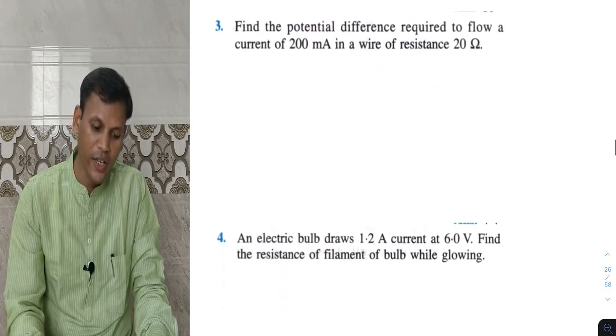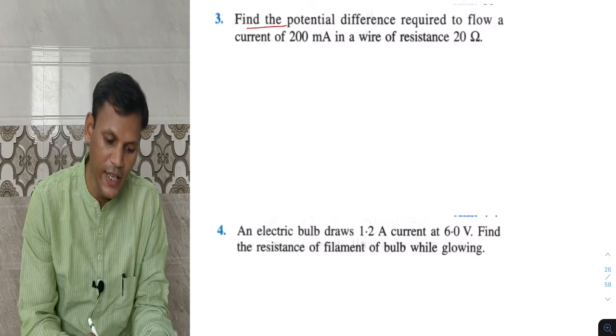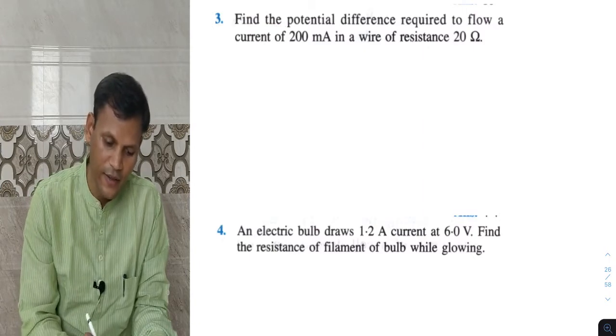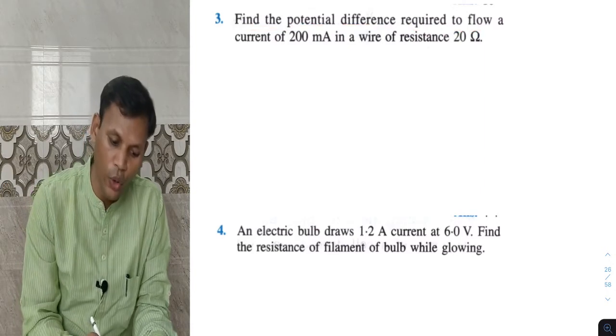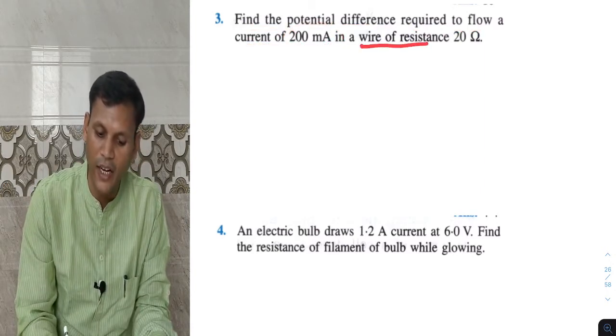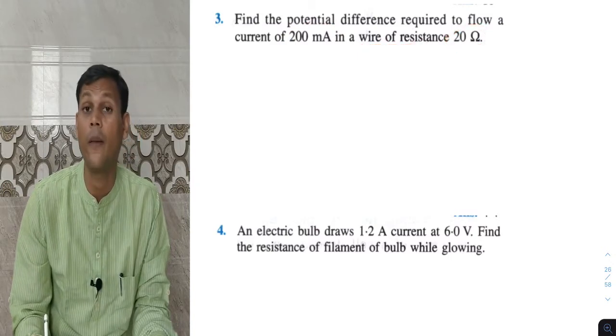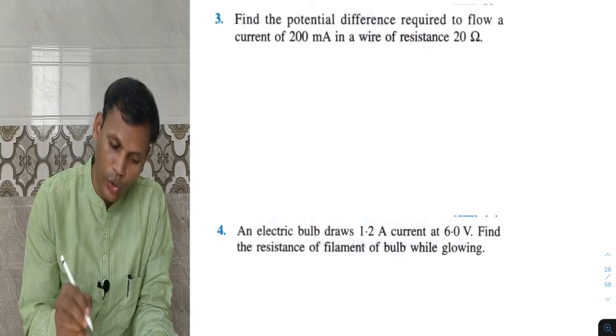Now question number 3. Find the potential difference required to flow a current of 200 milliampere in a wire of resistance 20 ohm. So what information is given? Two things.